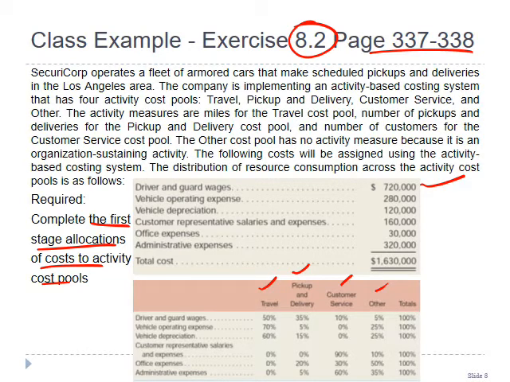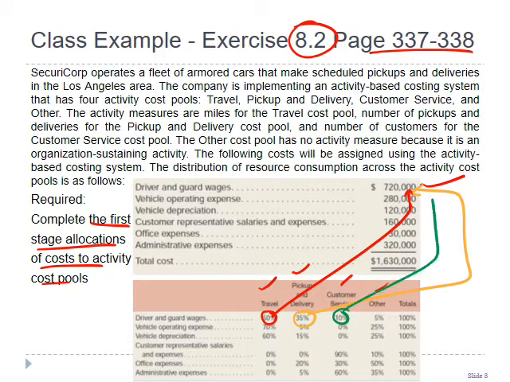this driver and guard wages is categorized into 5 categories, like 50% of this $720,000 belongs to travel, 35% of the 720,000 belongs to pickup and delivery, 10% belongs to customer service, and other is 5%.